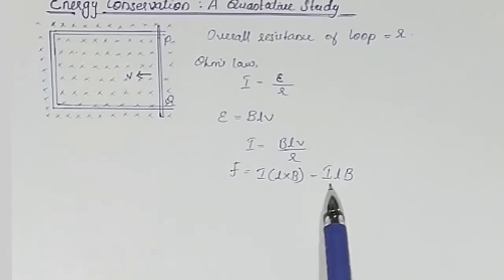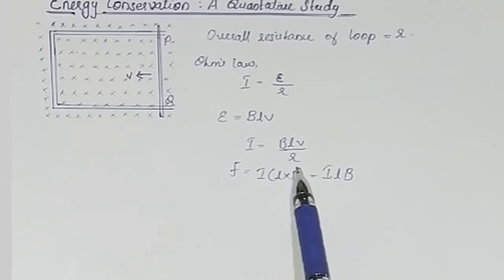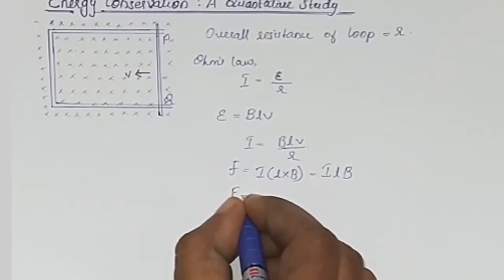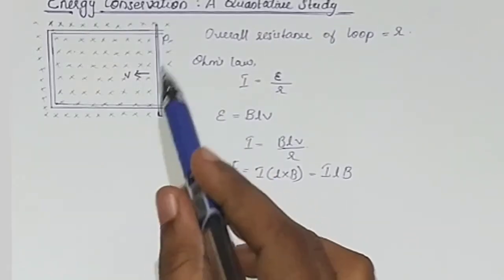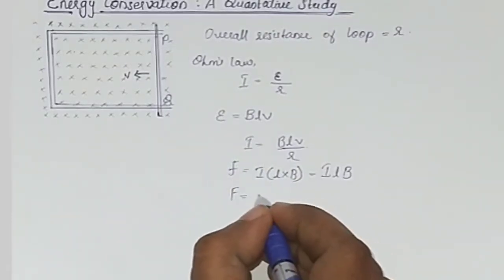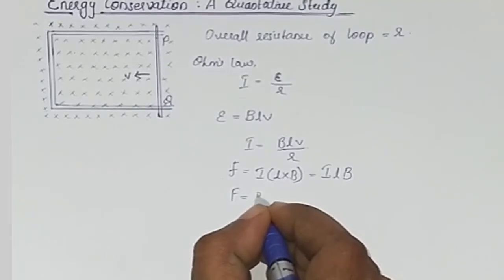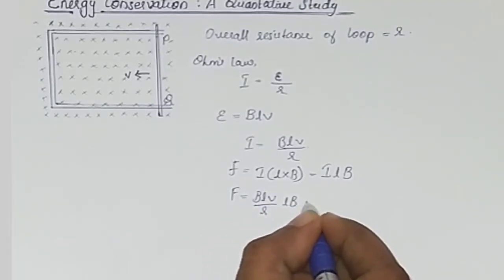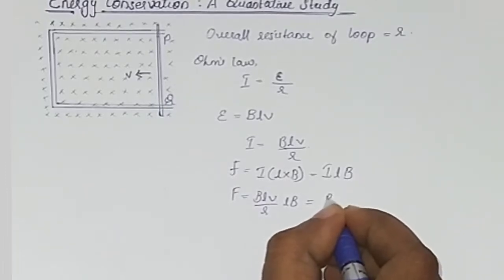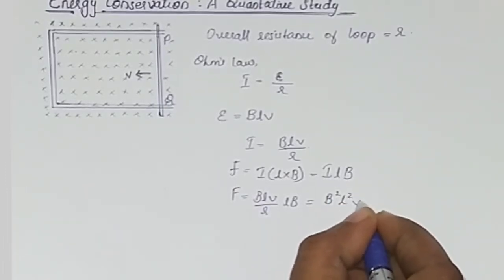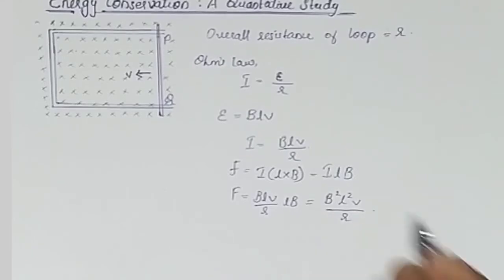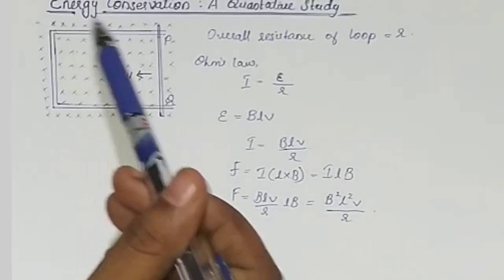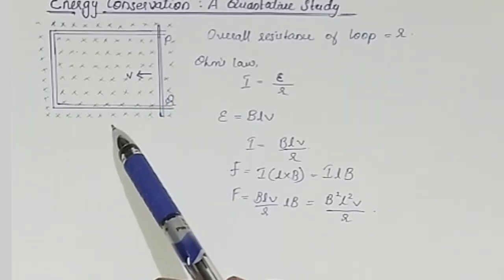Substituting the current BLV/R, the force acting on the arm PQ is BLV/R times L times B, which makes this expression B squared L squared V divided by R.